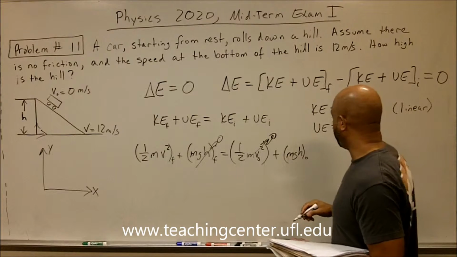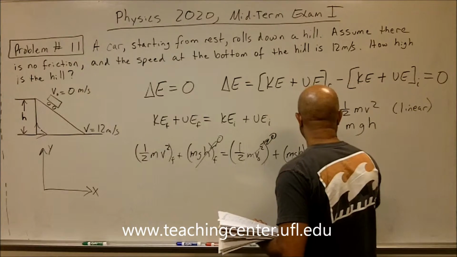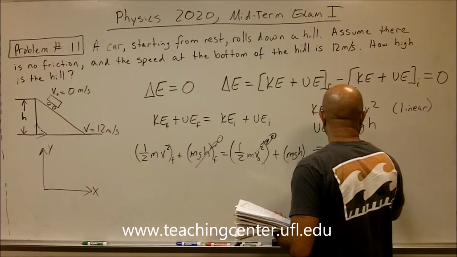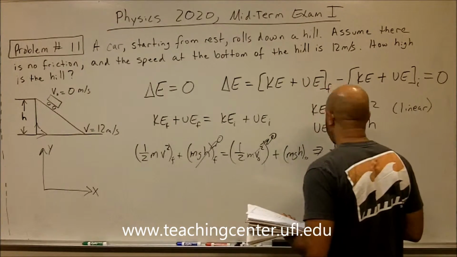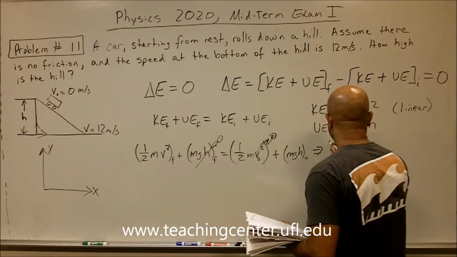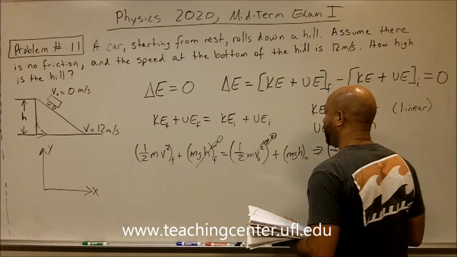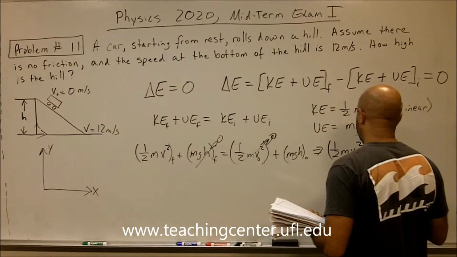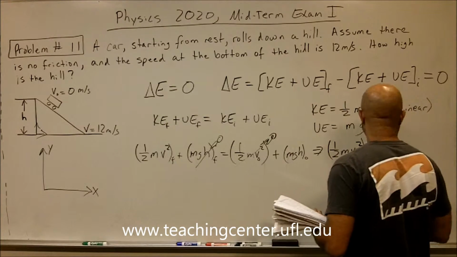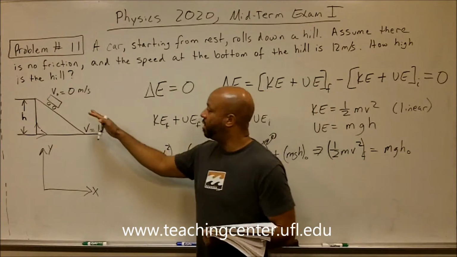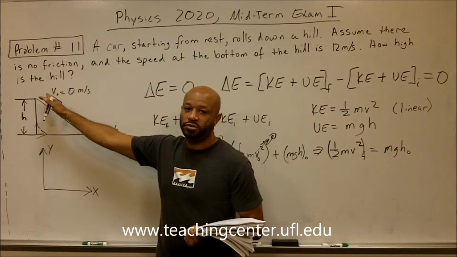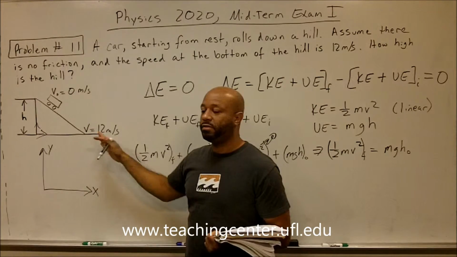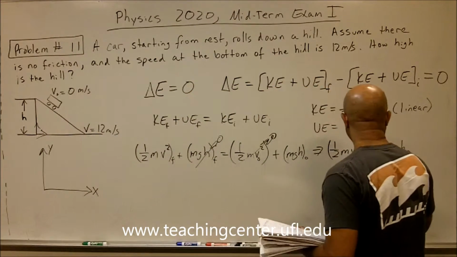So basically what we're left with is your final kinetic energy is equal to your initial potential energy. Okay, so basically what's happening is all of your potential energy is being transferred to kinetic energy when the car reaches the bottom of the hill. All right, so that's what this statement is saying.